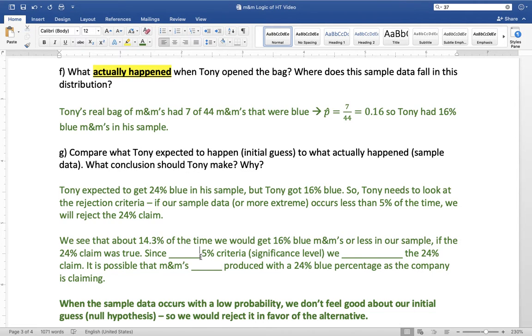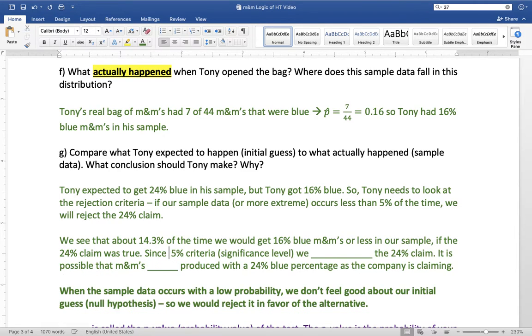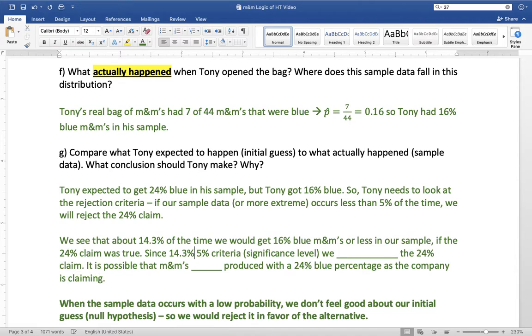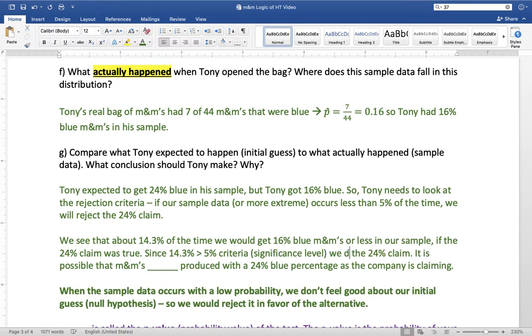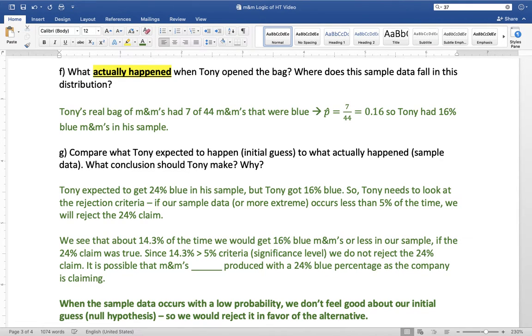is true. Since 14.3% is greater than the 5% criteria, the significance level, we do not reject the 24% claim. It is possible that M&Ms are actually produced with a 24% blue percentage as the company is claiming.